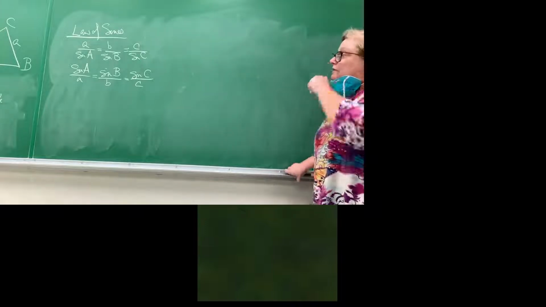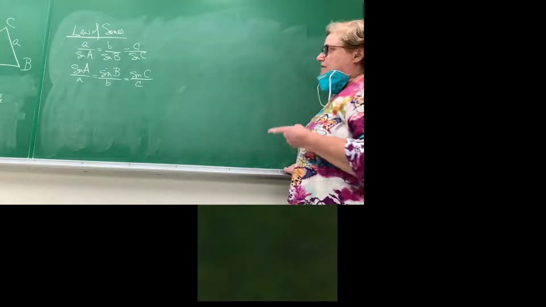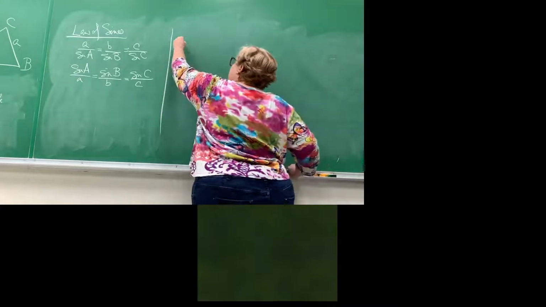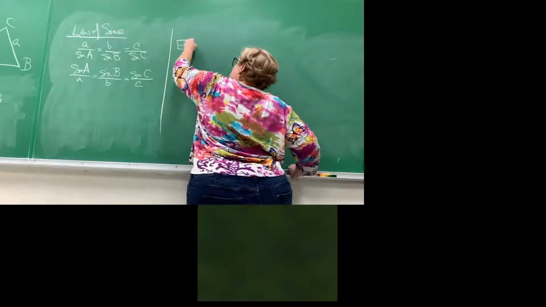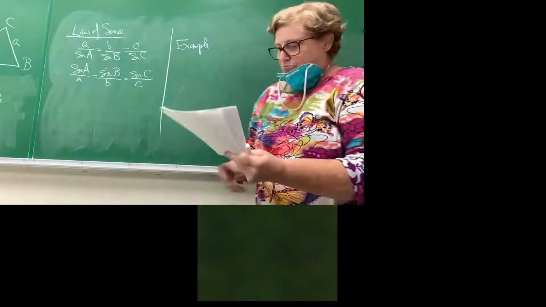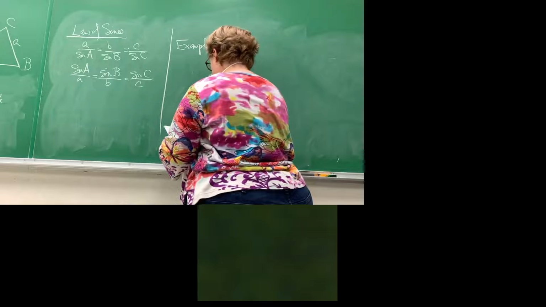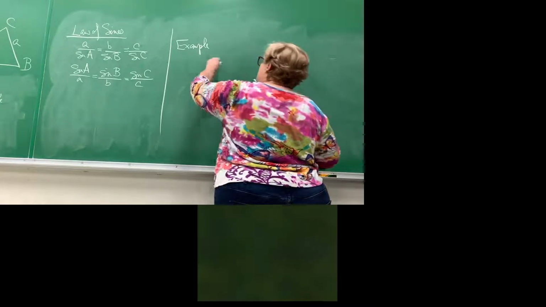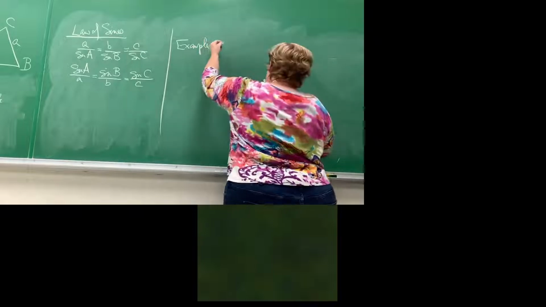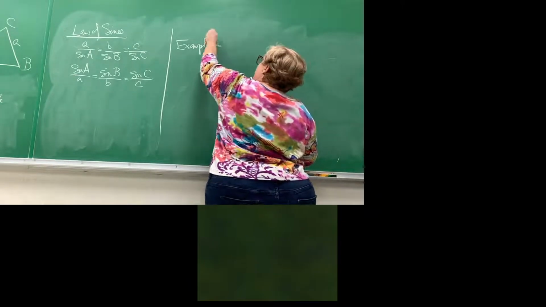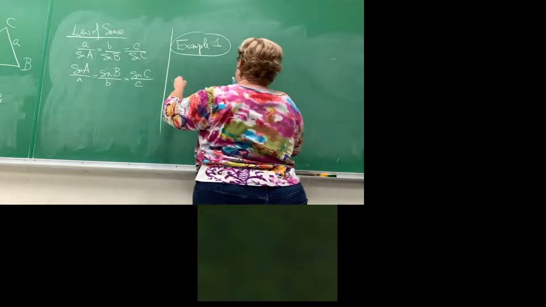Before we write up the law of cosines, let's play with something where we can use the law of sines. So what if we have, this is example 1 in the notes that I passed out.